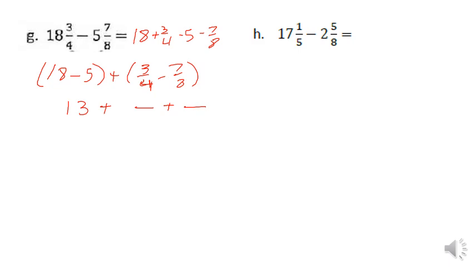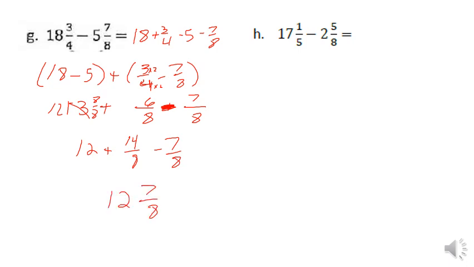So I'm going to take 3 times 2 and 4 times 2, and I'm going to get 6 8ths, and it's supposed to be a subtraction, 7 8ths. So now we have to regroup, and we're going to end up with 12, and since we're in 8ths, it'll be 8 8ths. So now we got 12 plus 8 plus 6 is 14 8ths minus 7 8ths, and we're going to end up with 12 and 7 8ths.